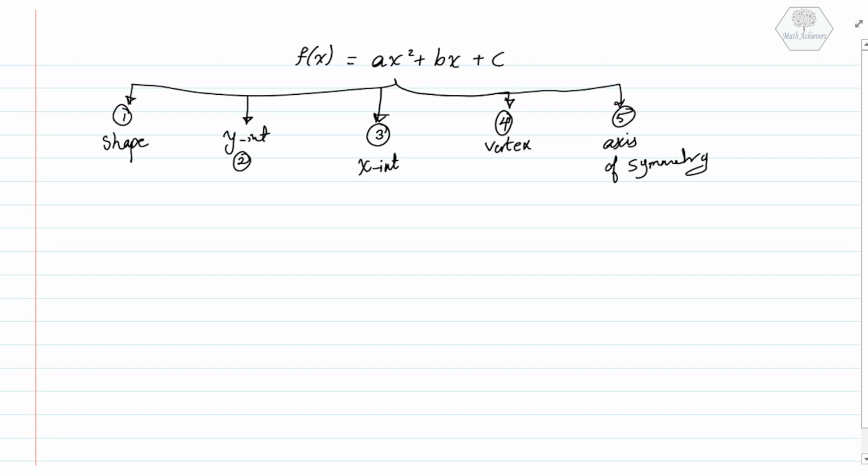Let's start with number 1, the shape of our curve. The shape of our curve has two cases, depending on the value of a. If a is negative, which is less than 0, then the function is concave down.